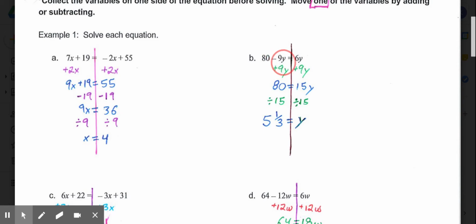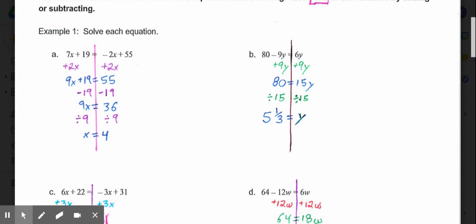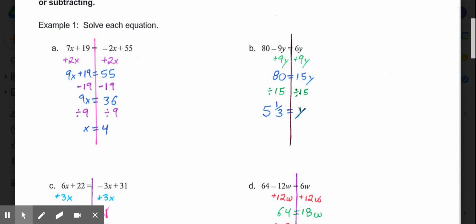So my negative 9y and positive 9y cancel, and on the left I'm left with 80 equals, and on the right 6y plus 9y is 15y. So 80 equals 15 times y. Divide both sides by 15, and y would equal 5 1/3.